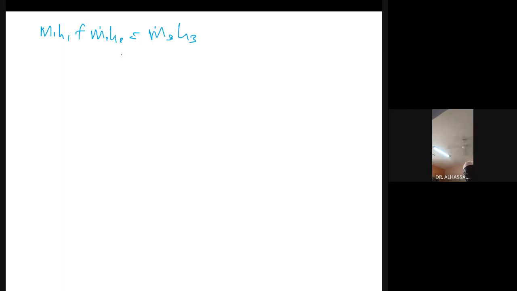So now, from the mass balance, M1 plus M2 equals M3. Now we can make some manipulations and substitutions.